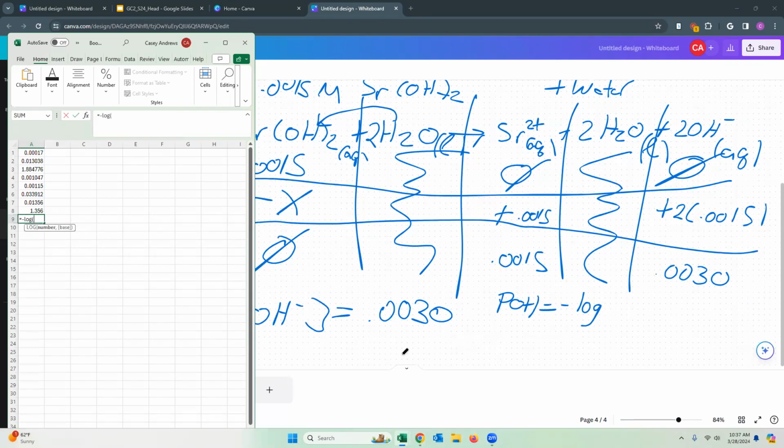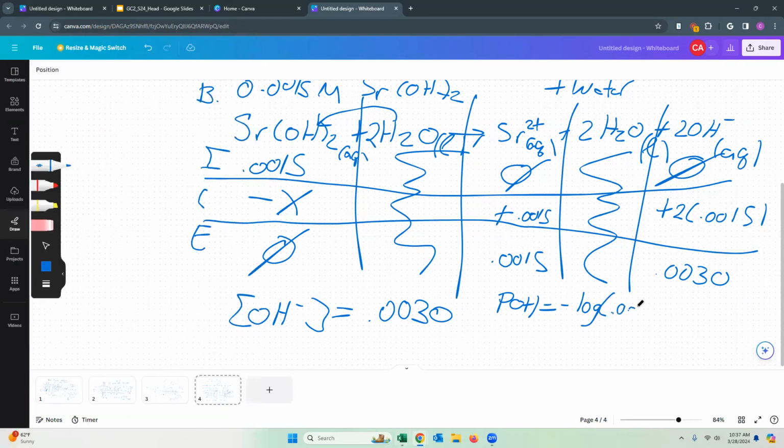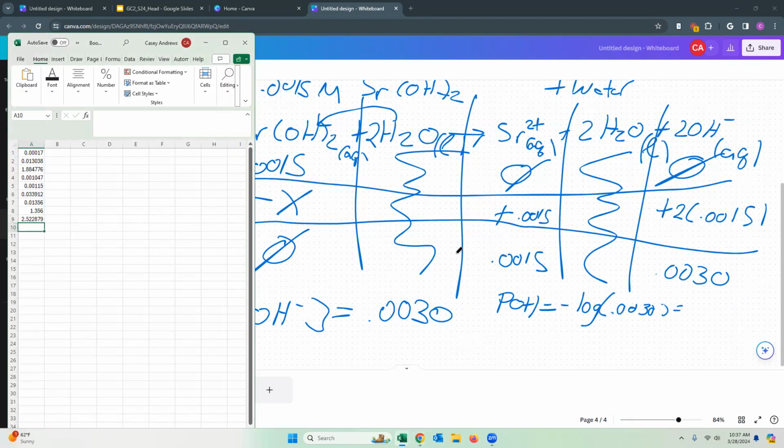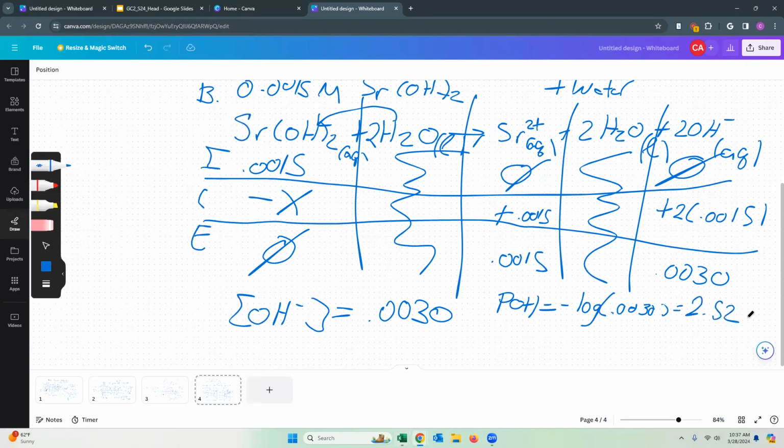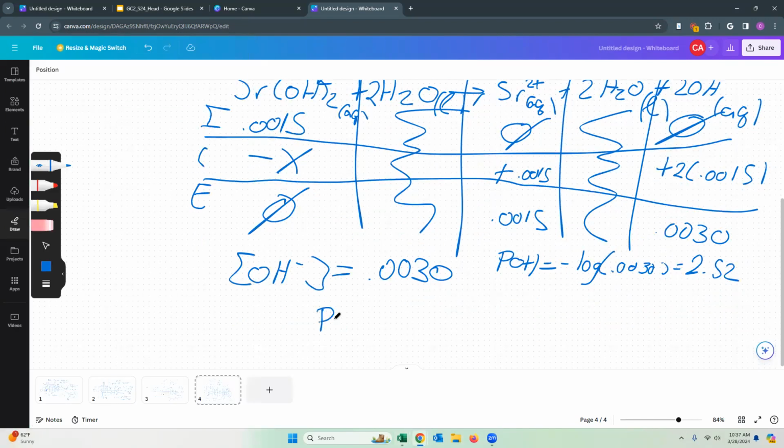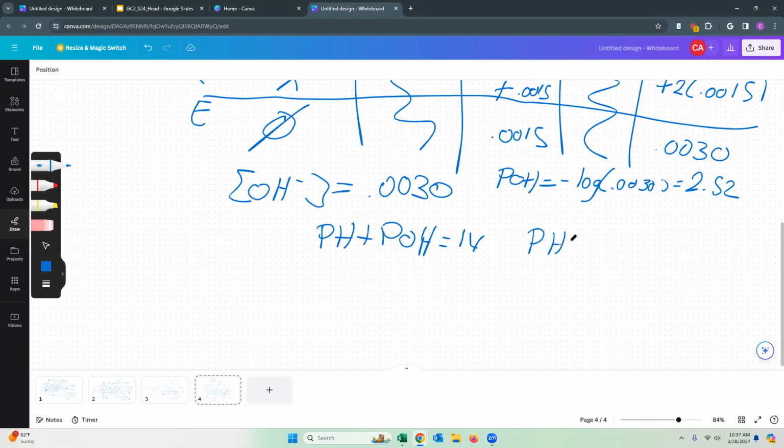So minus log 0.0030. So our pOH is 2.52. And then we have pH plus pOH equals 14. So pH equals 14 minus 2.52, which is minus pOH. So that's 11.48. That is our pH.